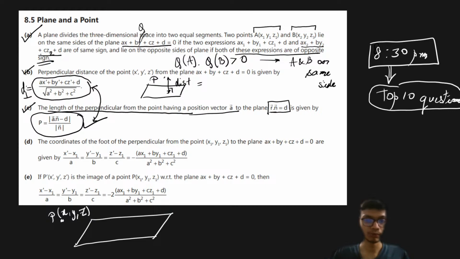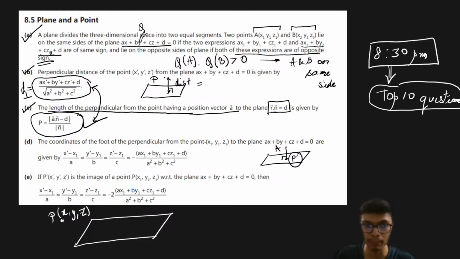Now let us move to the next thing, which is to understand that if we have a point and drop a perpendicular from that point onto the plane, what is the foot of perpendicular? If I have a point A and draw a perpendicular from A to this plane, then the foot of perpendicular P is given by this notation.